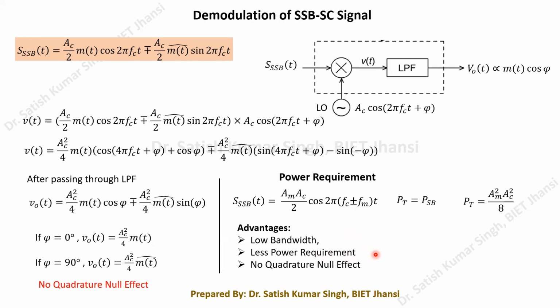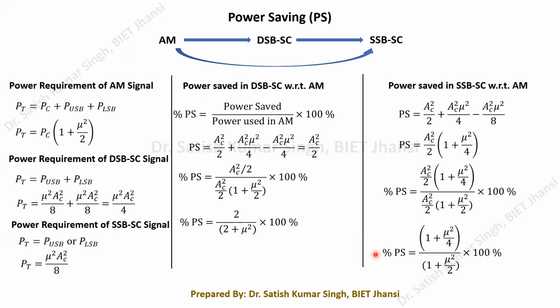Now one thing that we have to look at is how this power saving actually occurs when we move from one modulation technique to another. For example, we have already seen conventional AM, then DSB-SC, then SSB-SC. We have already seen the bandwidth requirement.